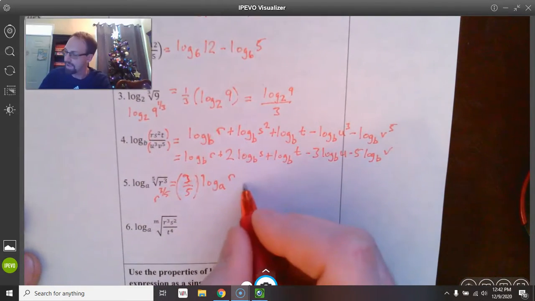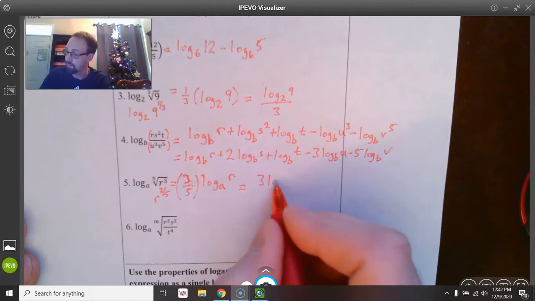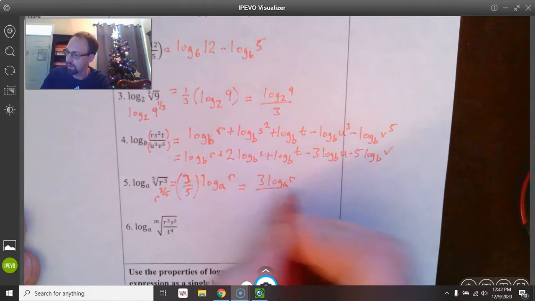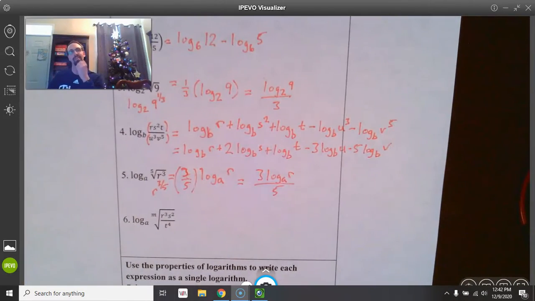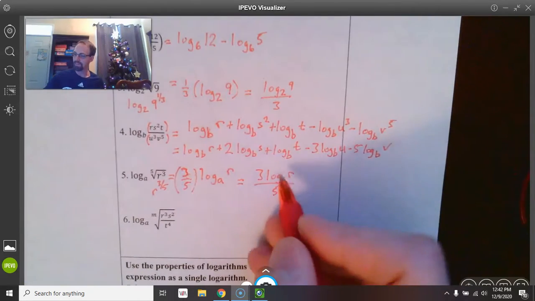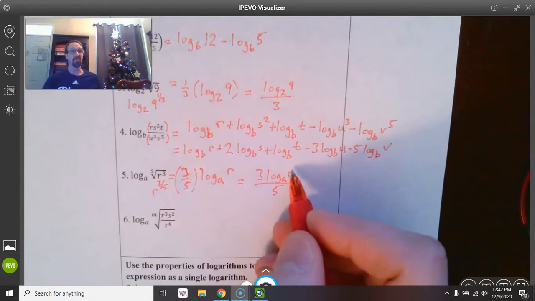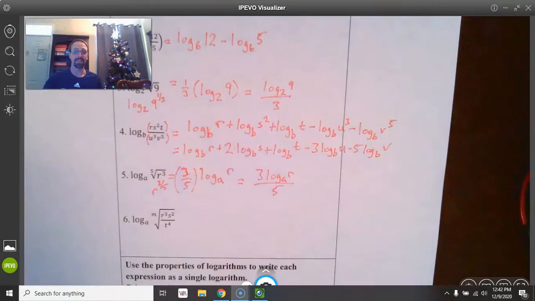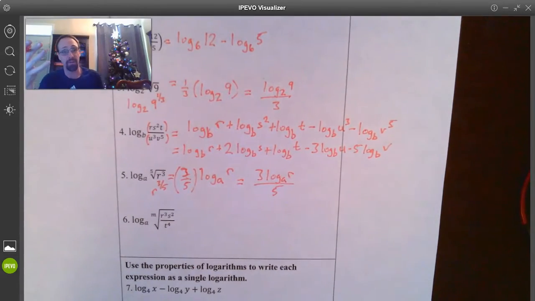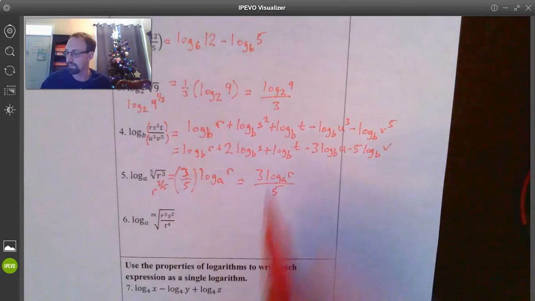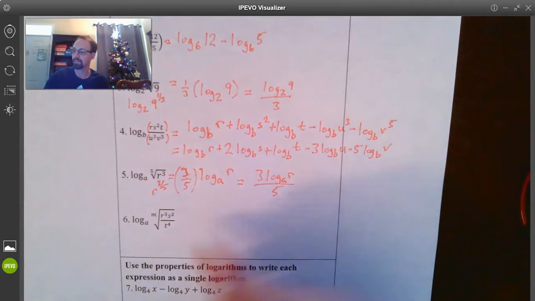So what this is saying is 3 times log base a of r divided by 5. When you see a log that's divided by a single number, you know that whatever value you're finding the log of is raised to that power, as in the reciprocal. So this is r to the 3/5.